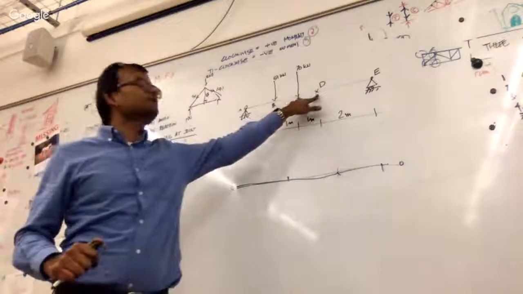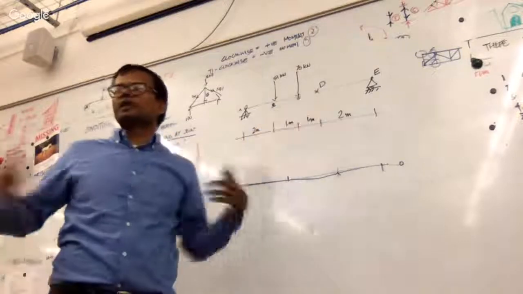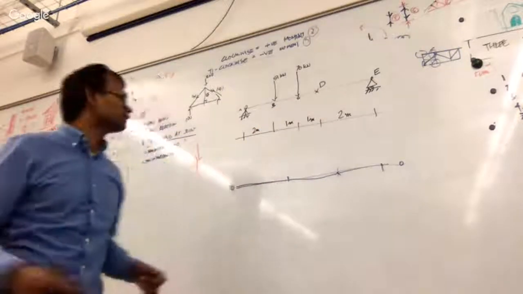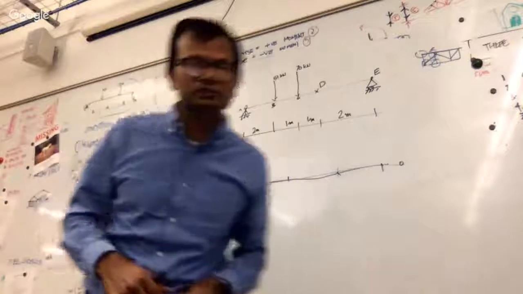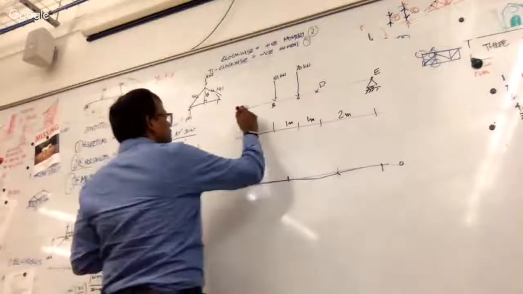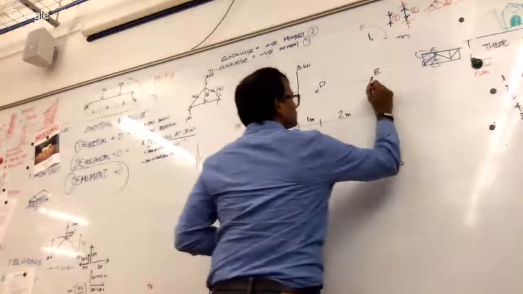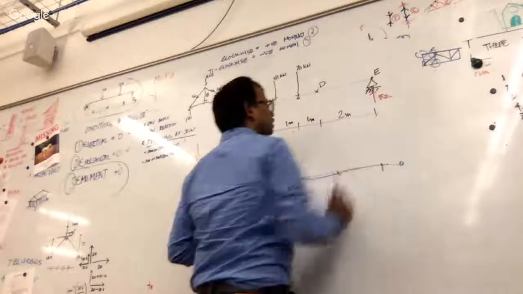So, how much is the shear at D? Noah, let's start with you. How much are my reactions? It's 69 and 52. Okay, so my reactions are 69 and 52.